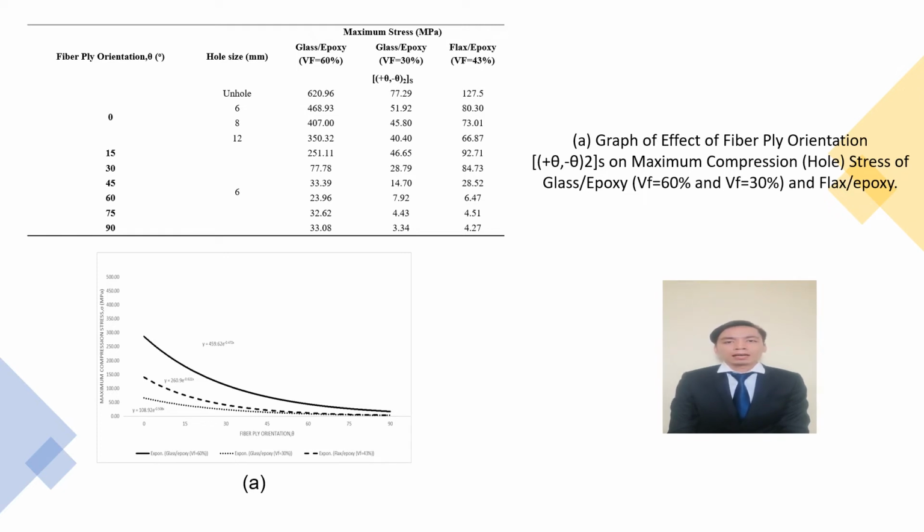For unhole structures, the fiber reinforced epoxy composite material shows a higher maximum stress than the open hole. This is because the lower maximum stress for the fiber reinforced epoxy composite material is due to the hole in the specimen acting as a stress riser, causing the fibers along the hole edge to fail.